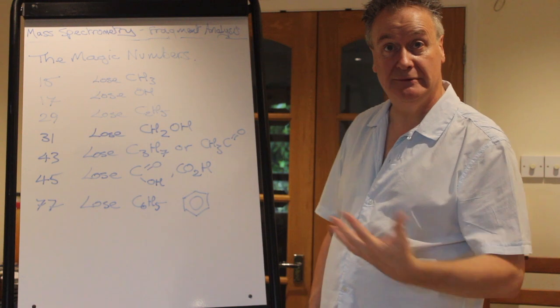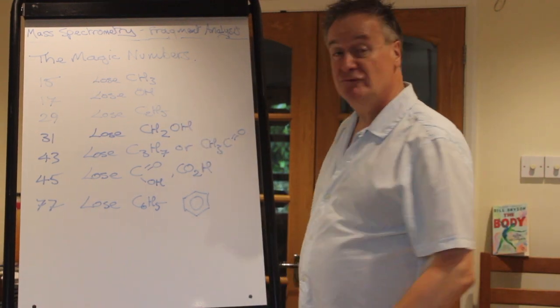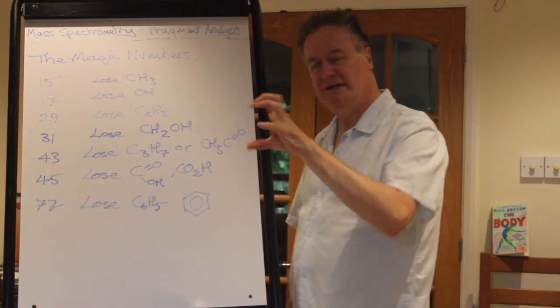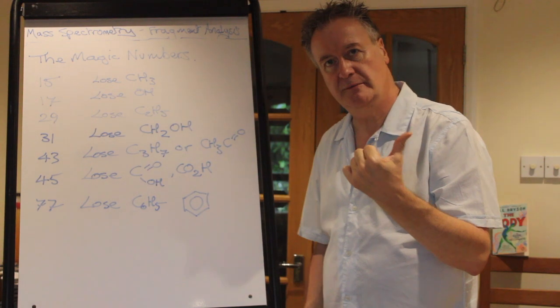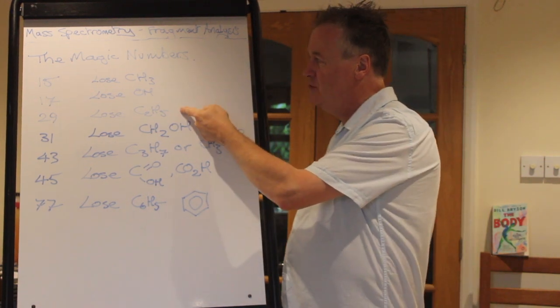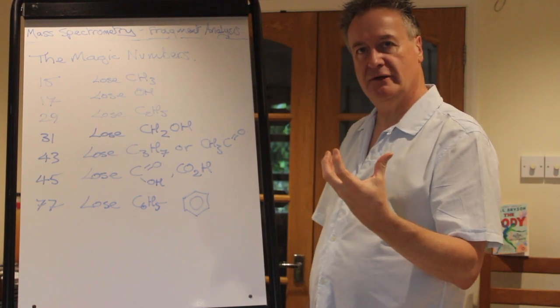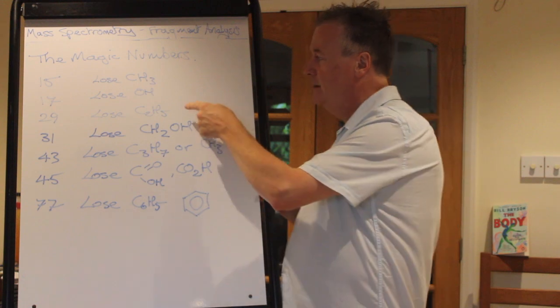You must have picked that up already from the examples that we've had so far. C2H5, really important that, because if you don't have CH3, CH2 in the molecule, you can't drop a 29 between two peaks. So if there's a drop of 29, you've got CH3, CH2 in the molecule, although there are other ways of getting 29.